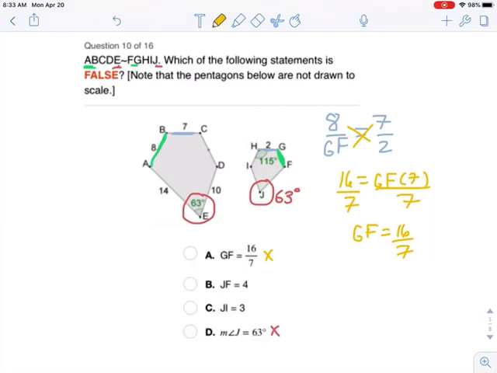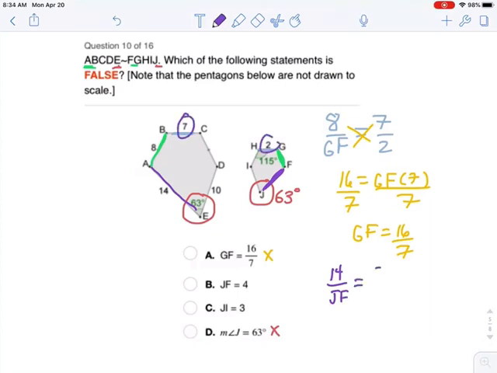Okay. What is the false one? JF. Let's look at JF. JF is right here. JF corresponds to AE. So I'm going to say 14 over JF, and let's just stick with this ratio, 7 over 2.